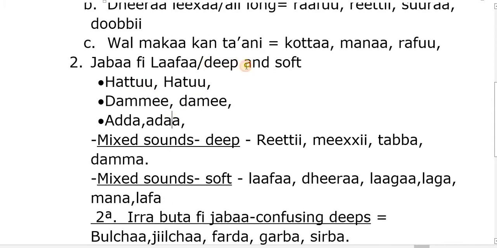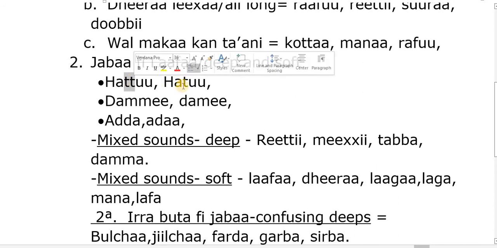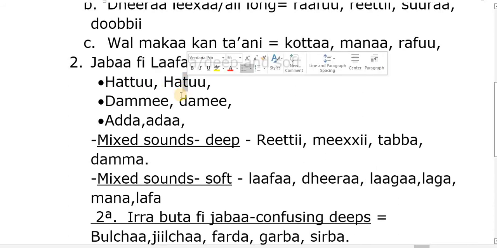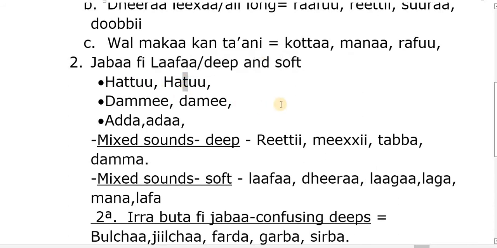So deep and soft refers to consonants, the depth or strength and the softness of consonants, while long or short refers to how long we stay saying that consonant because of the vowel. The same as we have seen here, we have lots of mixed.